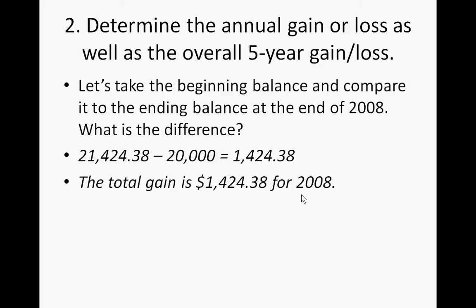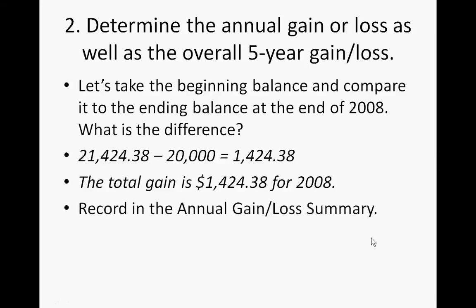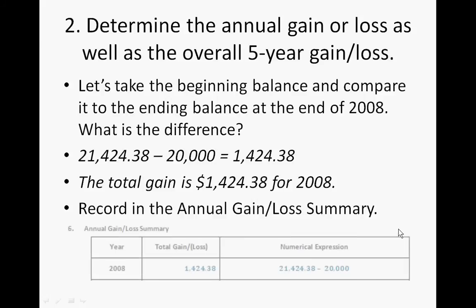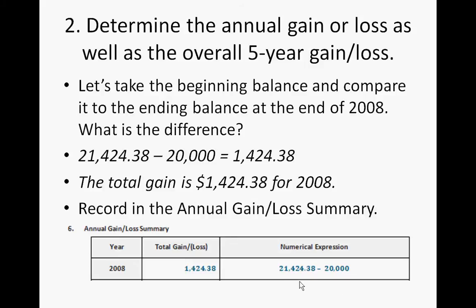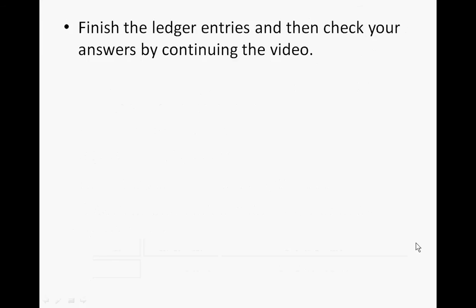So the total gain would be this for 2008. So you would record that in the annual gain-loss summary. And here's an example. For 2008, here's the gain or loss, and the expression that represents that is 21,424.38 minus 20,000. So finish the ledger entries and then check your answers by continuing the video.